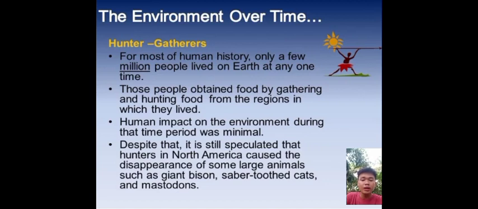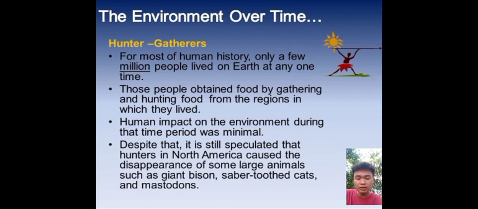Next is the environment over time, beginning with hunters and gatherers. For most of human history, only a few million people lived on earth at any one time. Those people obtained food by gathering and hunting food from the region in which they lived. Human impact on the environment during this time period was minimal.